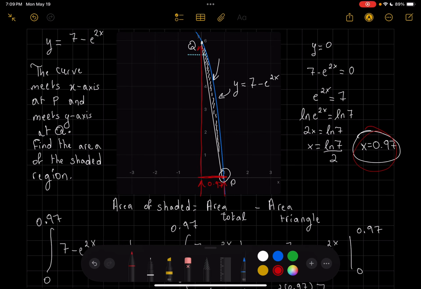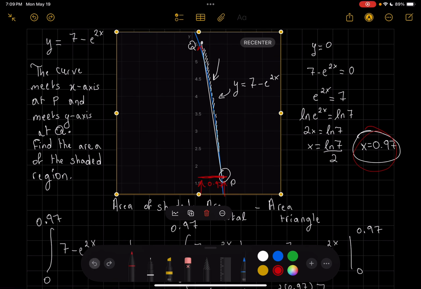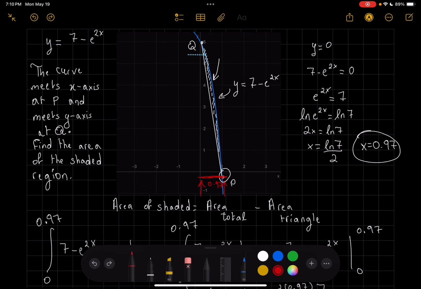So from here to here, it is very important to find the top point over here. Hold on, let me fix it. Okay, so it's very important for me to find the top point, which is the y-intercept. So for the y-intercept, x is equal to 0 for this function. So y equals 7 minus e to the power of 0, which is 1.